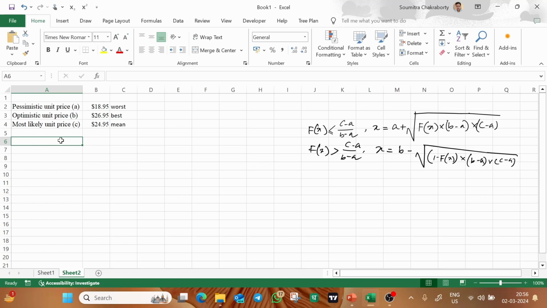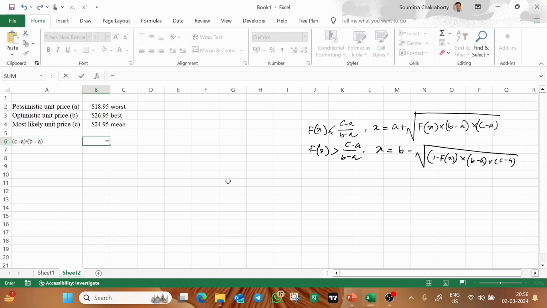So first off, we will write this down. First of all, what is c minus a divided by b minus a? We don't want to write a clumsy formula here because we can write all these things in one single if function, but that will be too clumsy and difficult for you to understand. So I will break it down and then use the final if function.